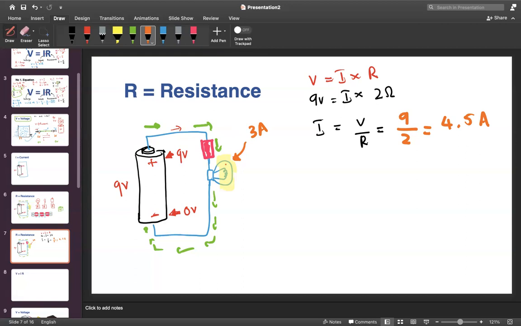Have you experienced that? Yeah, an LED will suddenly burn. So here also the same thing, right? This light only can handle how many amps? 3 amps. Yes. Now with this situation, will this light be burned or not?